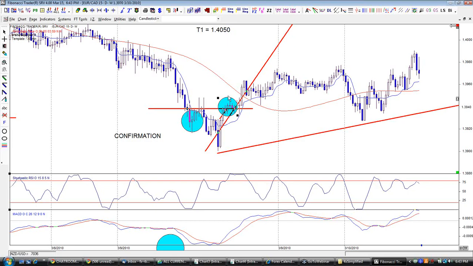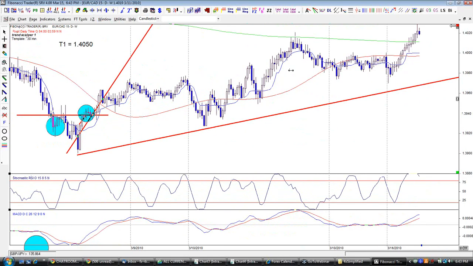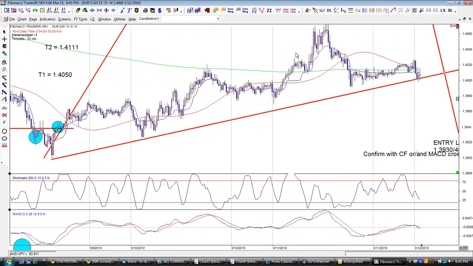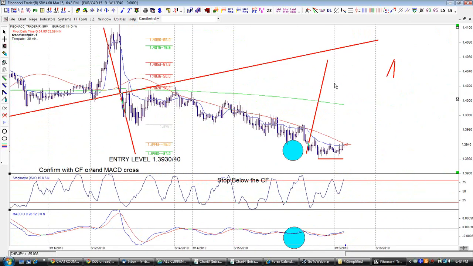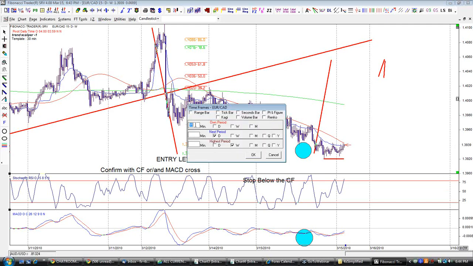Now the first candle that closed above this resistance was that bullish candle here, and this is where my personal entry was. Then price moved up, hit a couple of my limits. Now we're retesting pretty much the same level. Let me go back to the 1 hour chart.